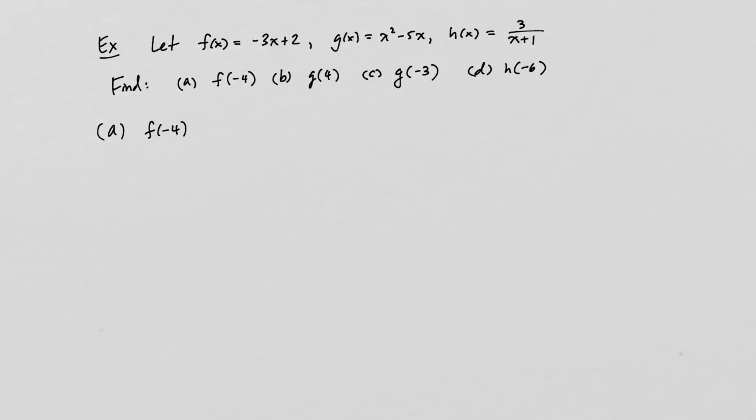Well, if you plug that into the function f of x, you get negative 3 times negative 4 plus 2. This is equal to positive 12 plus 2, which is 14. So f of negative 4 is equal to 14. This is really convenient notation because negative 4 represents the x value and 14 represents the y value when x equals negative 4.